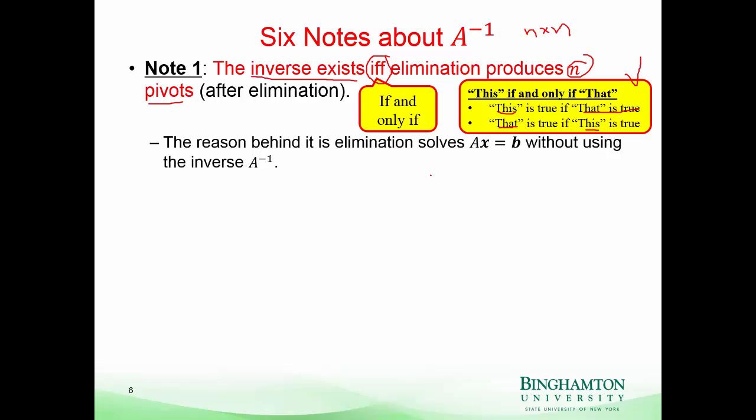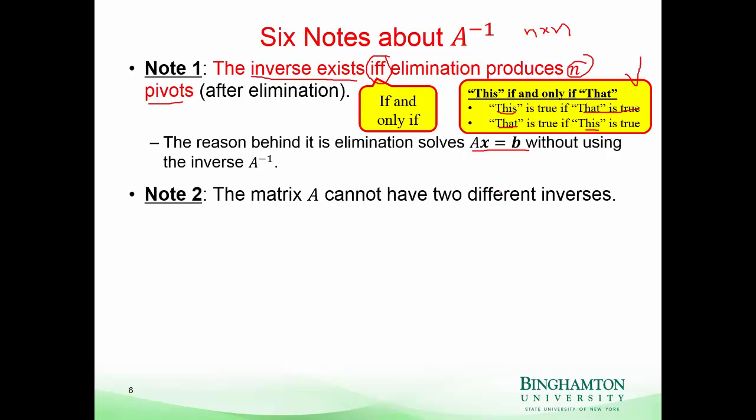Okay, so it's pretty easy to see the reason behind this. Since elimination solves this, when you're done, you effectively end up having solved x, but you haven't explicitly used the inverse to do that. You've shown that this is uniquely solvable, and we just talked about how if the inverse exists, then we're getting a unique solution to this.